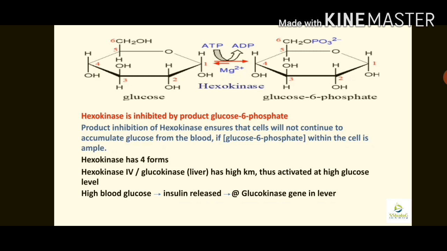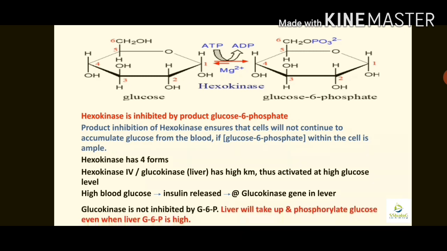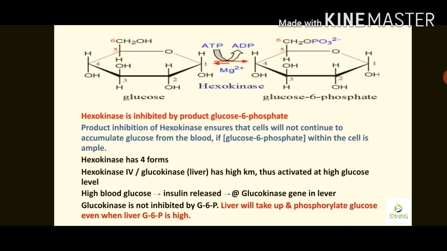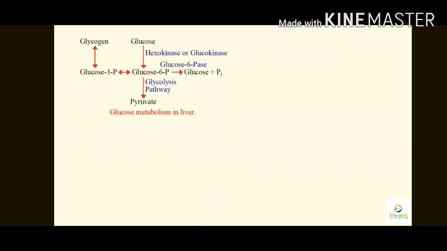And in the hepatocyte, it activates a gene that is called the glucokinase gene, and glucokinase enzyme is produced. Glucokinase is not subjected to glucose 6-phosphate inhibition. Thus, the liver will take up and phosphorylate glucose even when glucose 6-phosphate is high inside the cell.